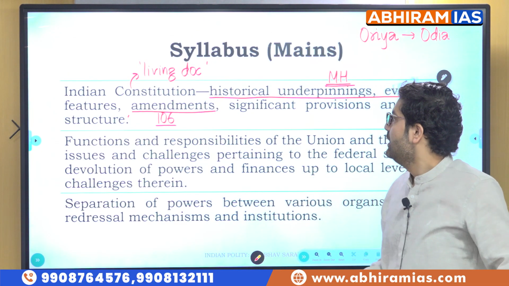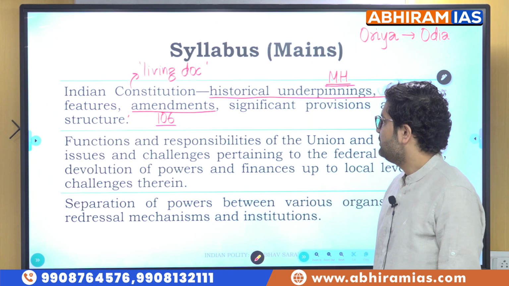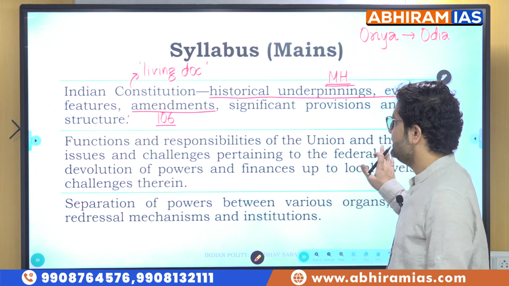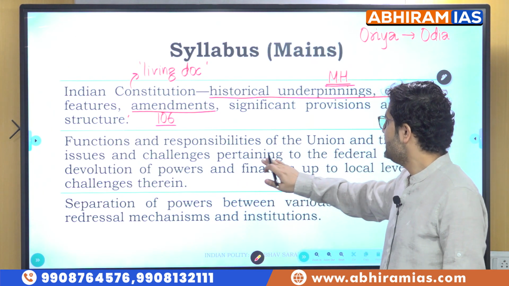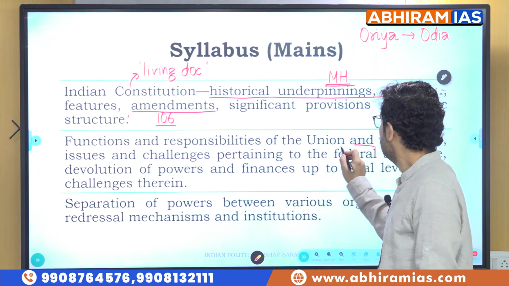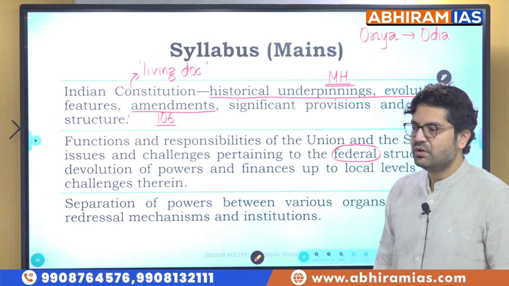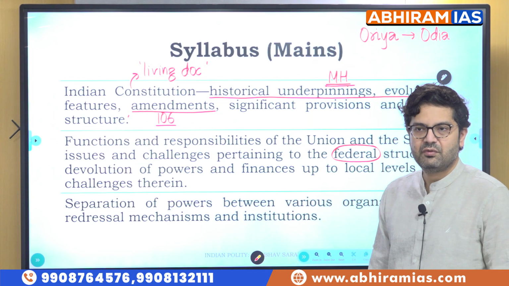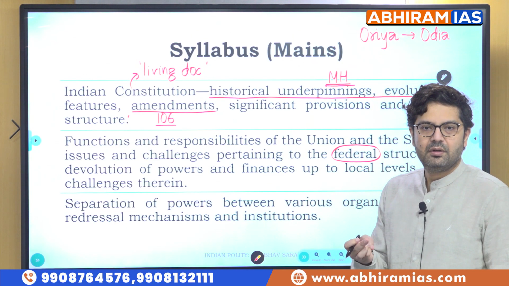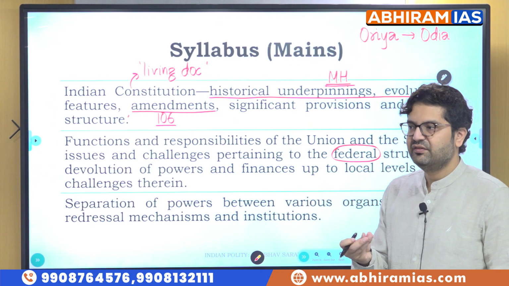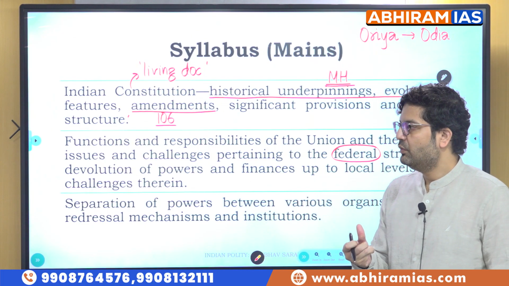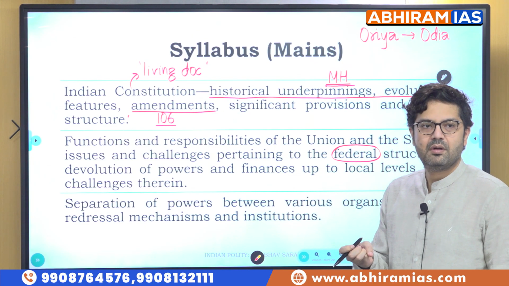Okay. Then functions and responsibilities of the union and the states, issues and challenges pertaining to the federal structure. What is meant by federal structure? What is federal? In the NCERT classes, we had discussed this word federal. What is meant by federal?